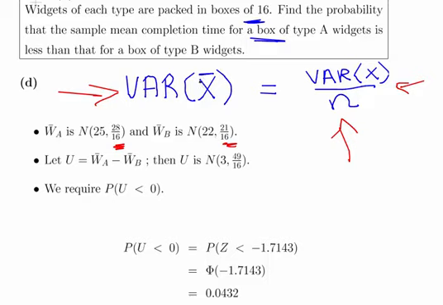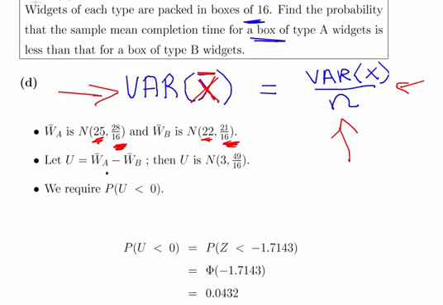So the variance of a mean of a sample, just taking repeated samples and calculating the mean from each sample of 16, is just the variance of the underlying random variable divided by the sample size. So that's what we're doing here. The mean stays the same, by the way. It's the variance that changes. Okay, so 28 is the underlying variance, so 28 over 16 is the sampling distribution of the mean for a sample size of 16.